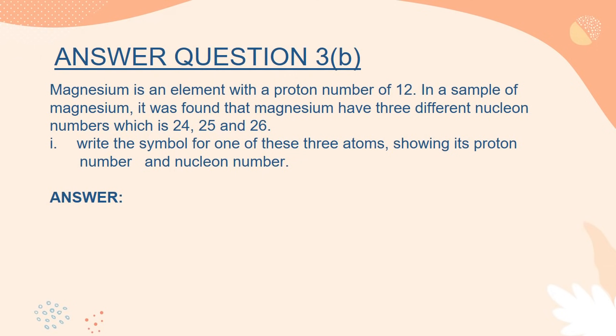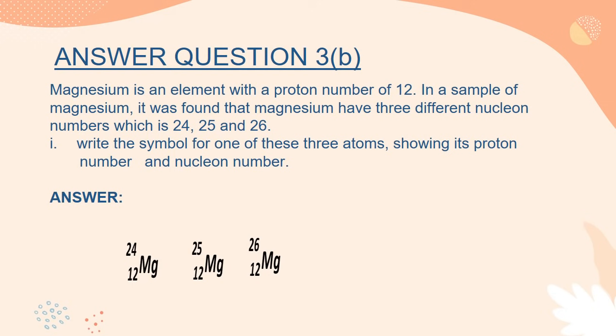Question 3b. Magnesium is an element with a proton number of 12. In a sample of magnesium, it was found that magnesium have 3 different nucleon numbers, which is 24, 25 and 26. Write the symbol for one of these 3 atoms, showing its proton number and nucleon number. So to write symbol, we must use proton number and nucleon number.